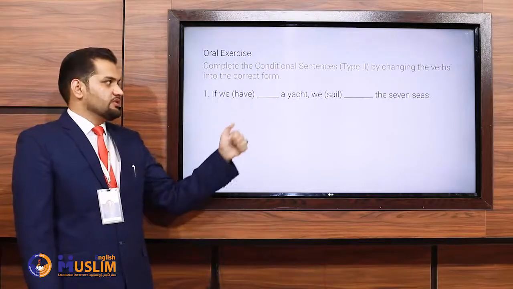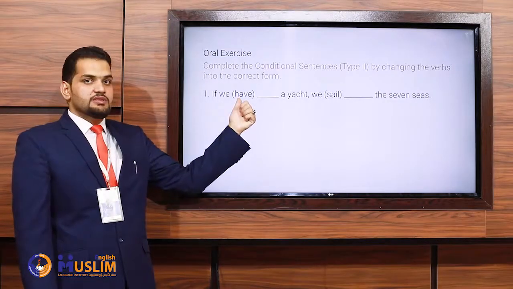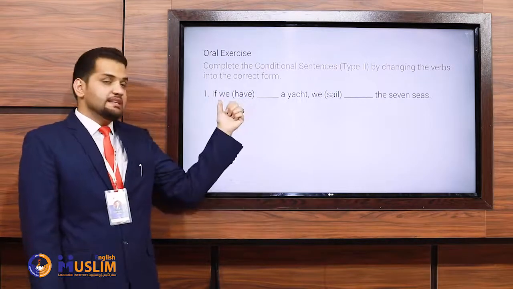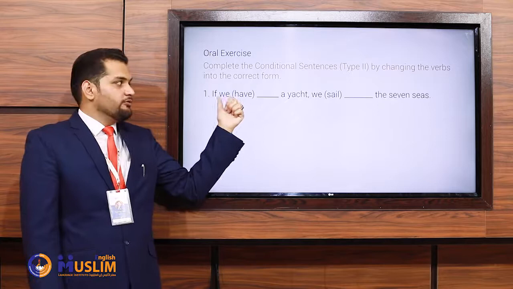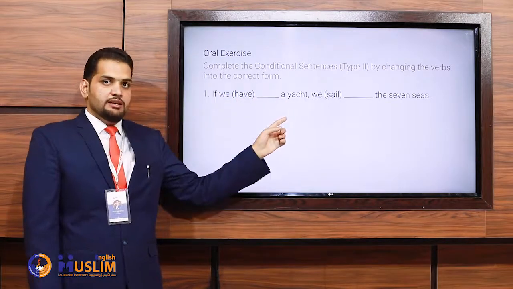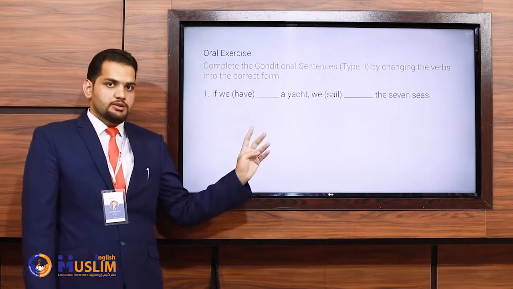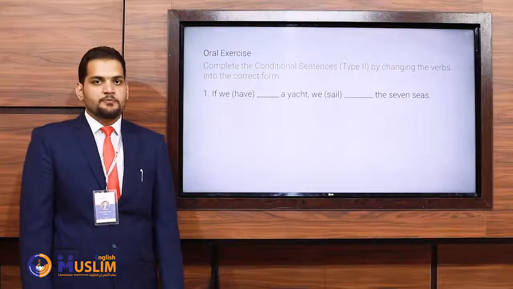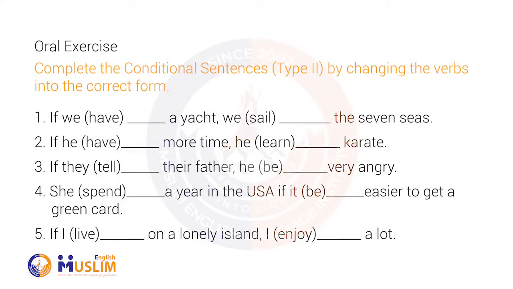If you remember the structures, you have to use the second form of the verb. I mean the simple past tense in the conditional clause. If we had a yacht, we would or could or might sail the seven seas. Good luck with the rest of them.